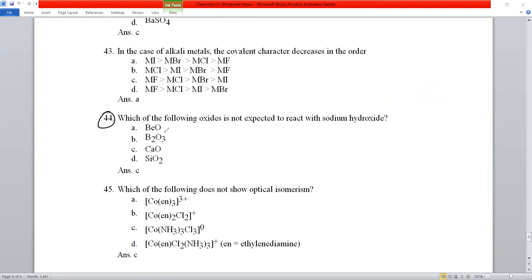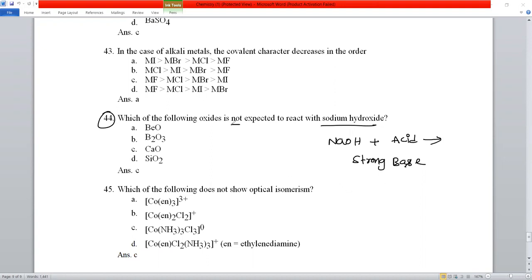Next, 44. Which of the following oxides is not expected to react with sodium hydroxide? Sodium hydroxide is a strong base, right? A strong base will react with acids only.